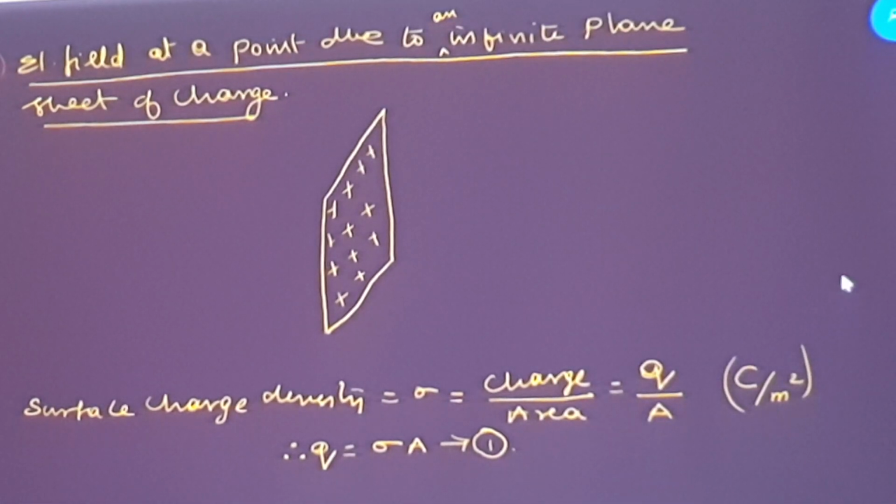Now, how to calculate the electrical field at a point due to this infinite plane sheet of charge? When you consider the plane sheet as infinitely large, the electrical field should be the same at all points equidistant from the plane, and radially directed at all points.